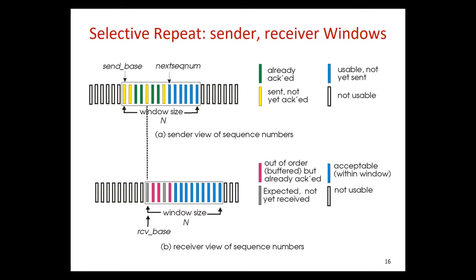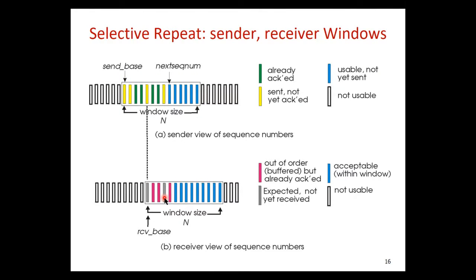Anybody else? Slide to 12, so 9, 10, 11, yes, correct. That is the correct answer. It's going to slide to 12 because if it receives 9, then 9 has been received, 10 has been received, 11 has been received. So it can slide all the way to 12, and then it stops at 12. The new receive base will be 12 because that's what it is going to wait for next.